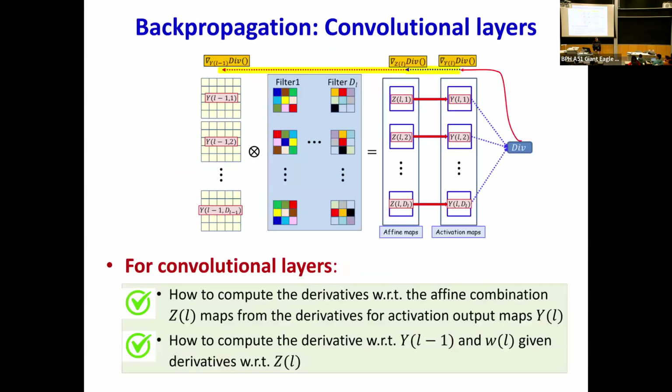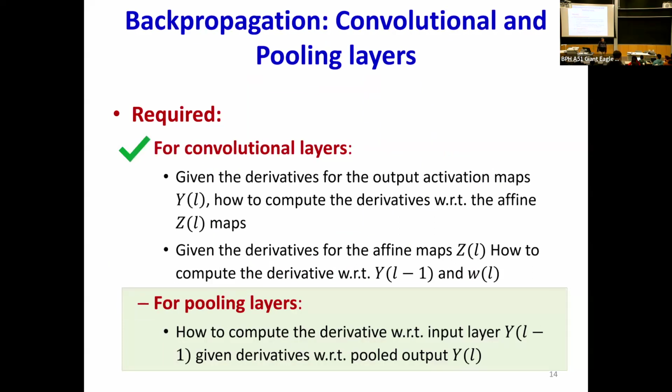And so we've figured out how to carry the derivatives back all the way to the input channels, and through the filters too. So that leaves us with derivatives for the pooling layers.